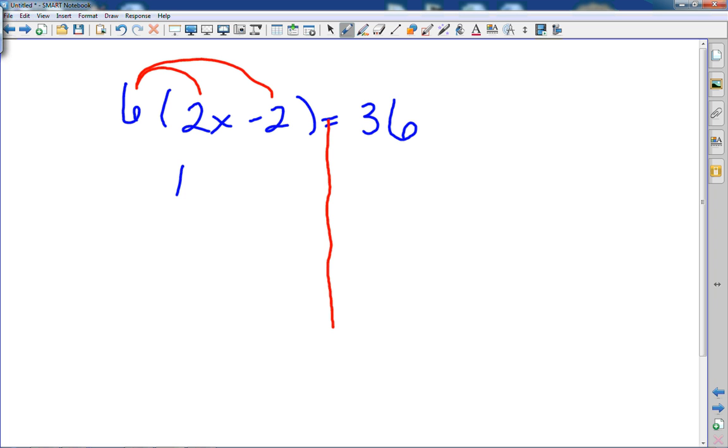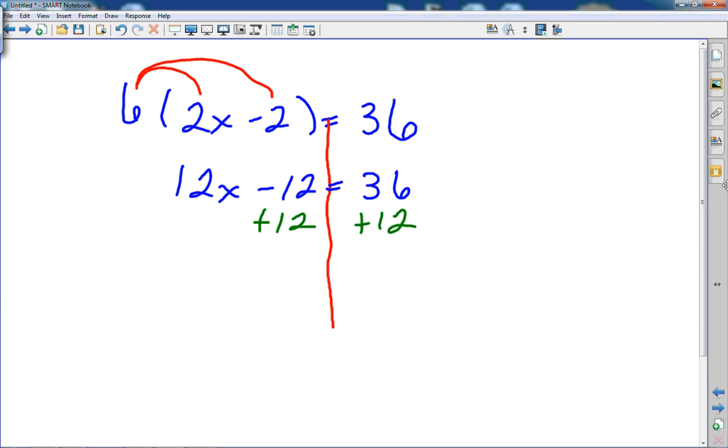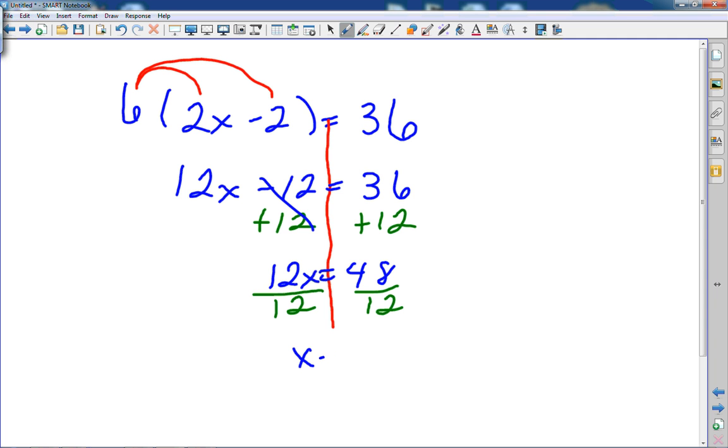So I'm going to have 12x minus 12 equals 36. I'm going to add 12 to each side. I get, these cancel, I get 12x equals 48. I'm going to divide by 12. X equals 4.